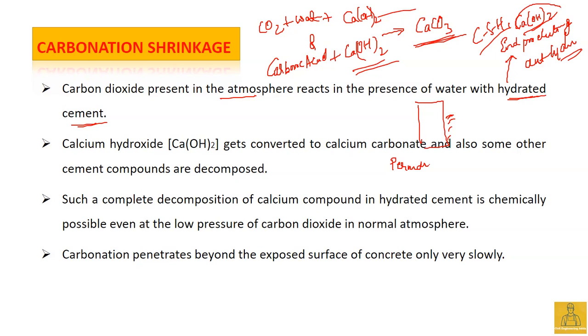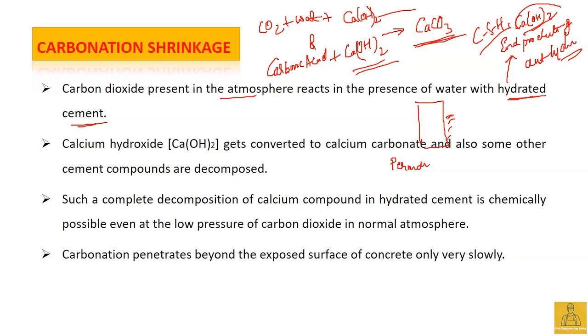We make it come in contact with phenolphthalein, a chemical compound. When this concrete surface is applied with phenolphthalein, if free Ca(OH)2 is present, it turns pink. And if the Ca(OH)2 has reacted with carbonic acid and formed CaCO3, you are going to see no change in color in that portion.